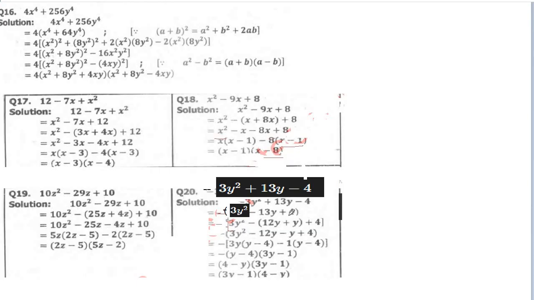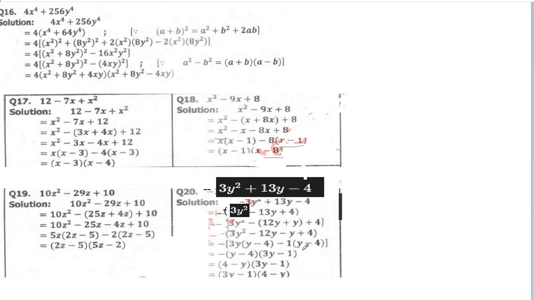So our factors: multiplying for 3 is 12 and 1. You have minus 12y and minus y. It will give you minus 13y, and when multiplied it will give you 12y square. Now taking common 3y, y minus 4 will be remaining 3y. You can take common single y and 4. Minus 1, there is nothing common. Minus 1 is common. Now change this sign, it will be minus.